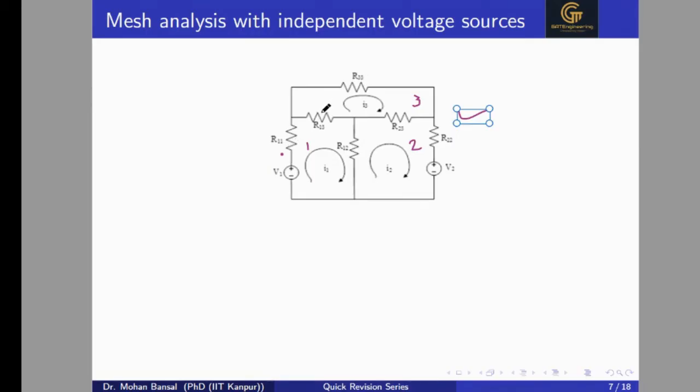Resistor R13 is in mesh 1 and mesh 3, so the current in R13 will be I1 minus I3, the difference of the two mesh currents. Similarly, R12 is in two meshes, mesh 1 and mesh 2, so the current will be I1 minus I2, the difference of two mesh currents.